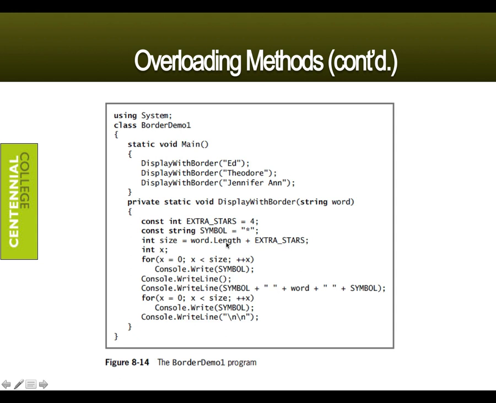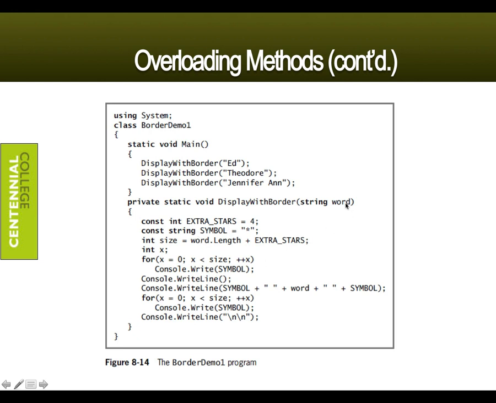So this size variable says, give me the length of the string that's coming in, which is the word, plus add some extra stars, which is 4. That's what it's basically saying here.